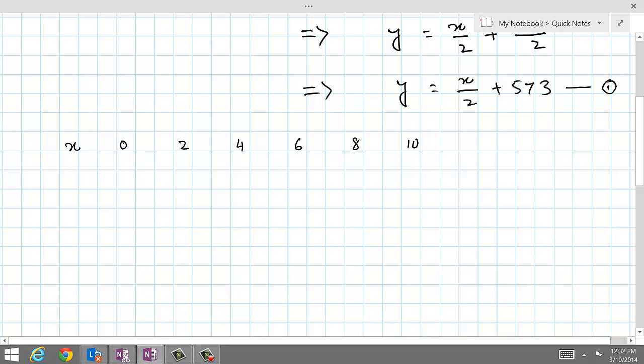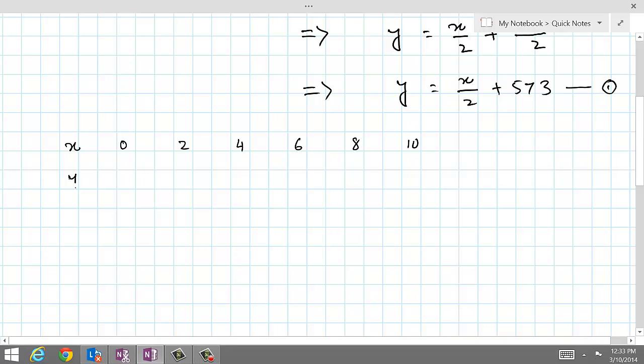If the denominator on the other side of this equation was 3, like if the equation was y is equal to x over 3 plus 573, then we would be assuming values for x as 0, 3, 6, 9, 12, and 15. That way we don't end up with fractional values. That's why I took these values as multiples of 2.